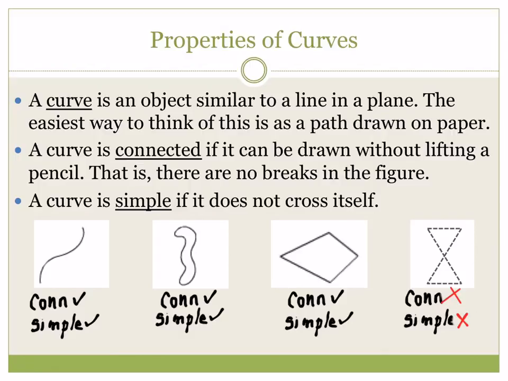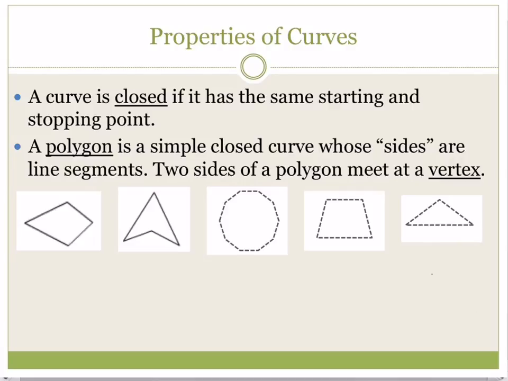So we have the ideas of being connected and being simple. We have a couple more. Our next idea is the idea of being closed. A curve is closed if it has the same starting and stopping point. So we're going to go back to the slide before and decide which of those objects are closed.